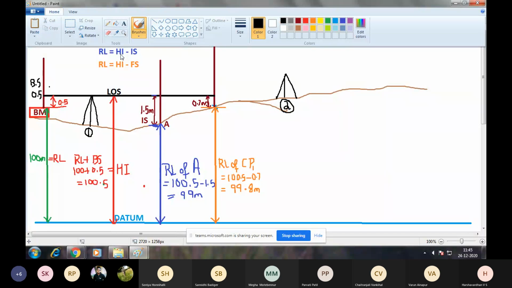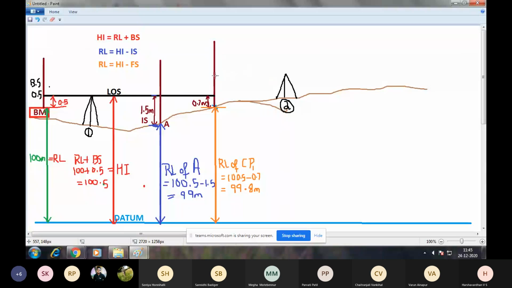Okay. Now I'll set the instrument. I'll do the temporary adjustments and all. And after I level the instrument, I'll get a new height of instrument. Earlier, the line of sight was at this level.